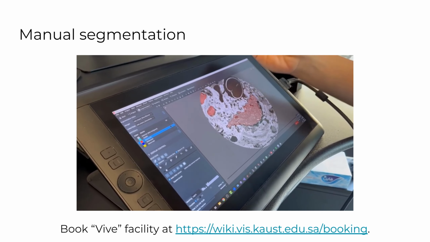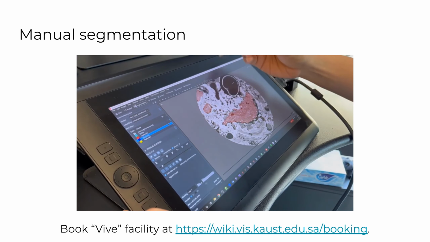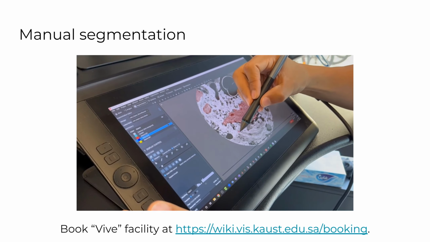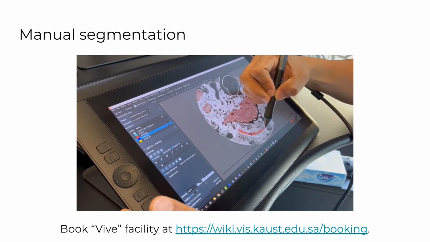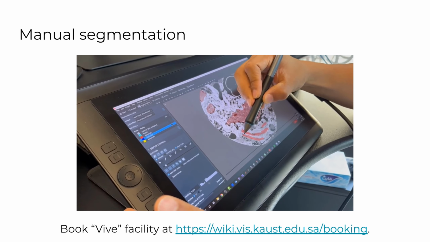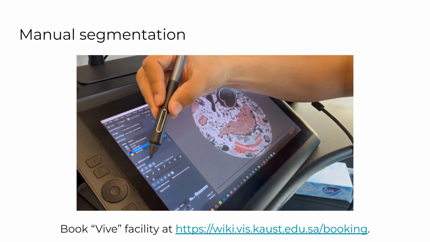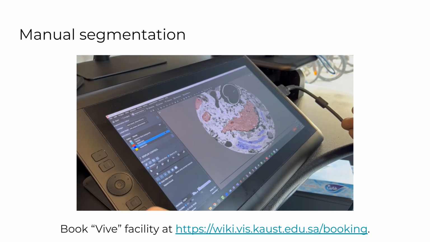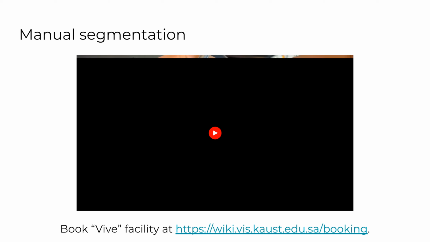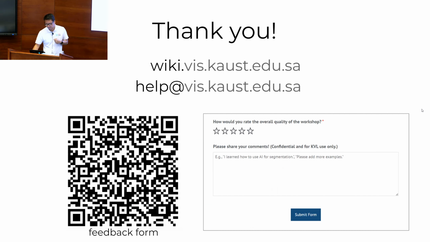And you can book it through this link, use your KAUST credentials. And it's not only the pen and tablet interface, but the machine itself has, I don't know, like 700 plus gigabytes of RAM. It has a nice RTX GPU that you can use for deep learning segmentation. And in general, some students use it for heavy computations with Avizo, okay?